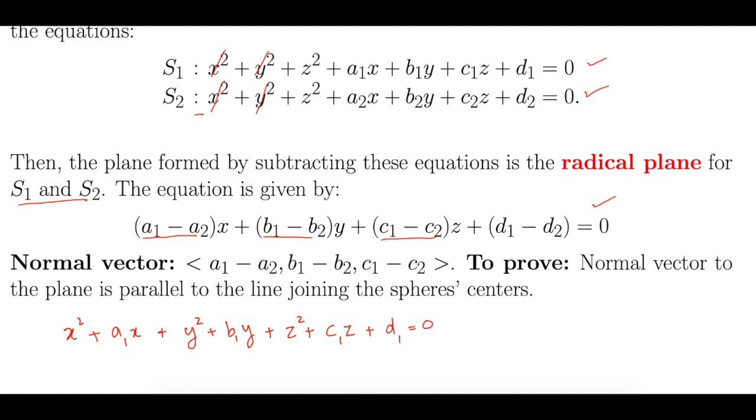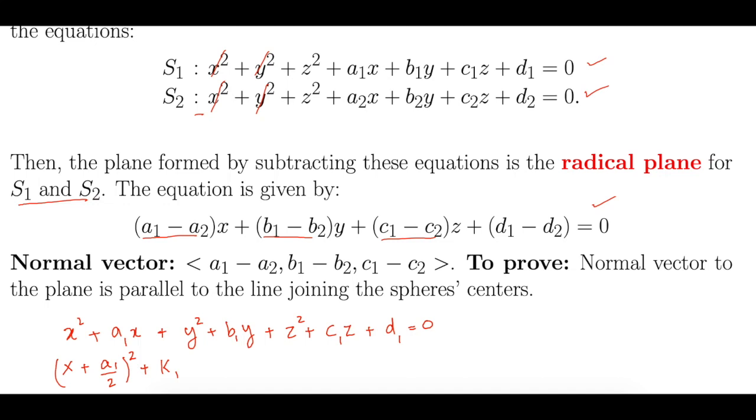Now if I write it as a square, I can say (x plus a1 over 2) squared plus some constant, let's call it k1. k1 can be negative or positive, that's not the point here. The point is that I can write it like this.